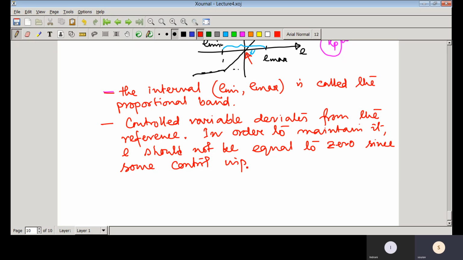Some control input is required, that just now I have pointed out. So this is a big disadvantage of the proportional controller. This is the drawback of the proportional controller.